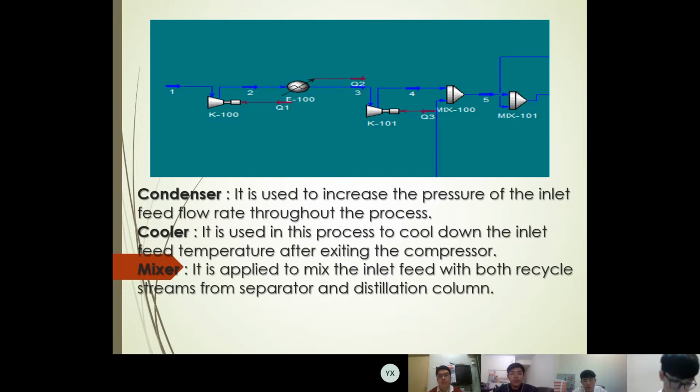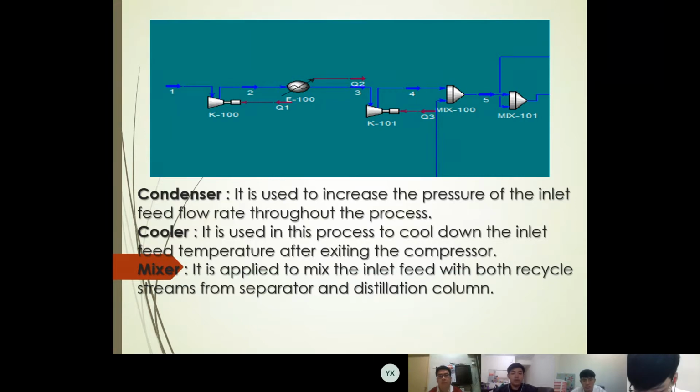The inlet stream is set up as shown by my teammates in methodology. At first, the inlet stream is directed into the first compressor, where the pressure of the inlet stream was increased from 5,000 kilopascal to 7,500 kilopascal. It is then sent into a cooler to cool the inlet stream down from 133.1 degrees Celsius to 70 degrees Celsius in order to maintain a low temperature for the process.